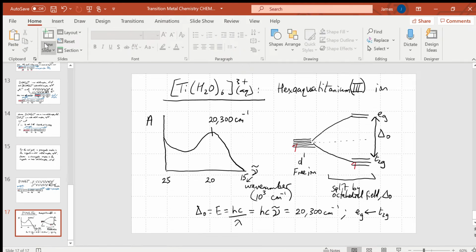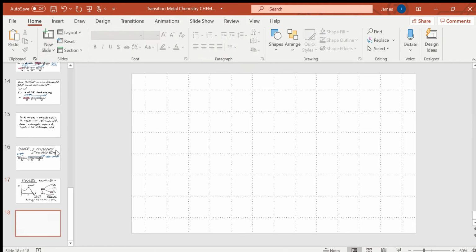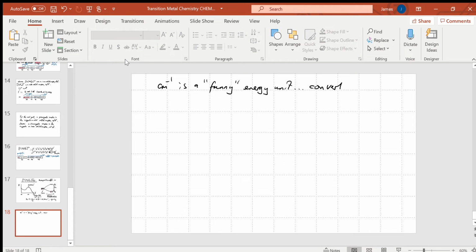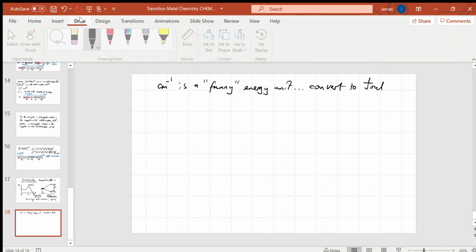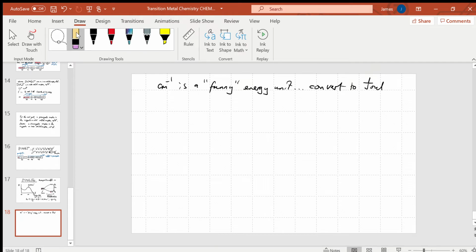So let's do that on the next slide. It's a funny energy unit. So can we convert to joule? Joule shouldn't be a capital letter.